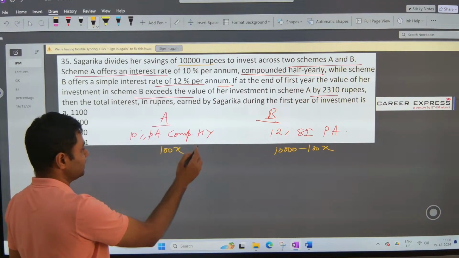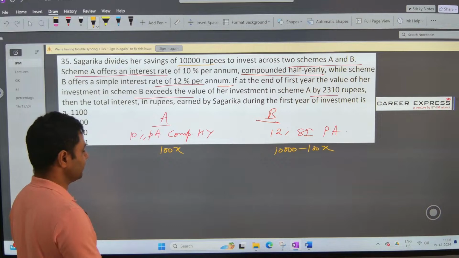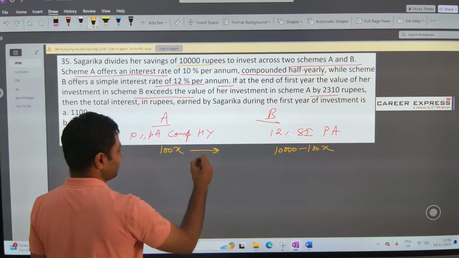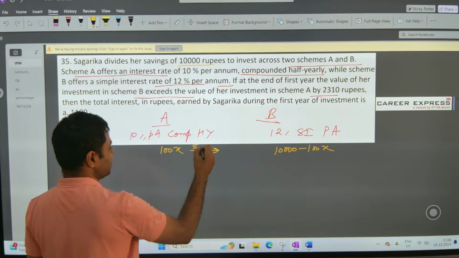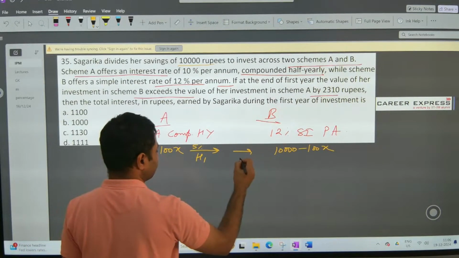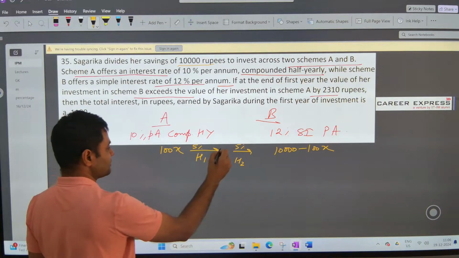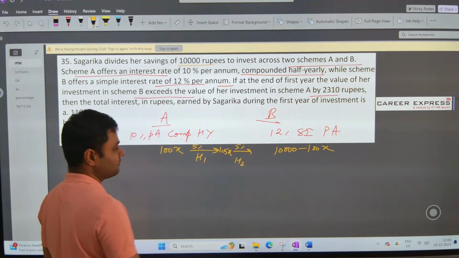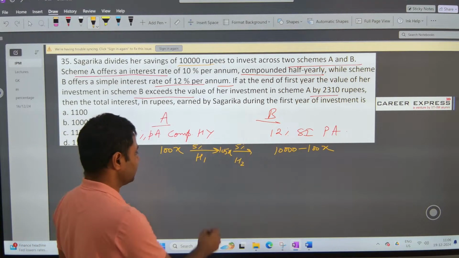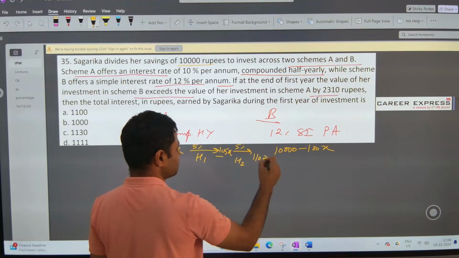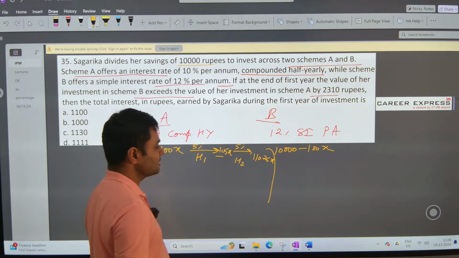Now this is 10% per annum but compounded half yearly. So I can say there will be 5% interest in first half and then again 5% interest in second half. So this becomes 105x after first half, and this 105 will become 110.25x after the second half.